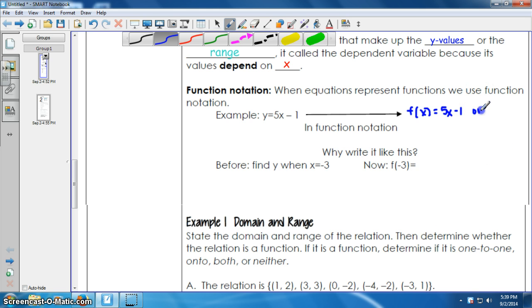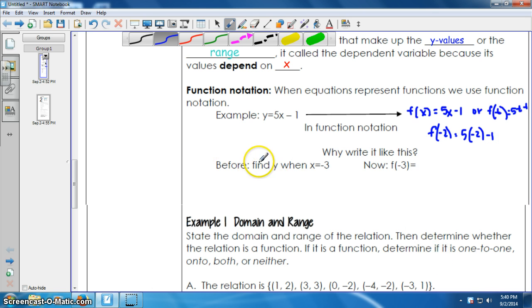Or f of t, maybe time, so f of t equals 5t minus 1. Or f of negative 2, let's say we were plugging in a specific value, would be 5 times negative 2 minus 1.